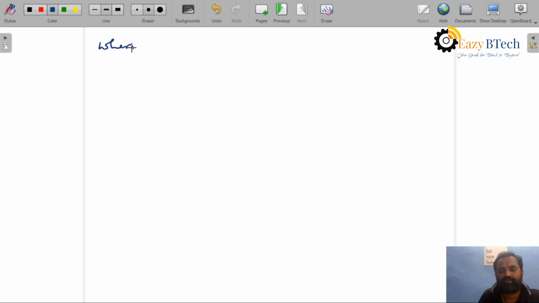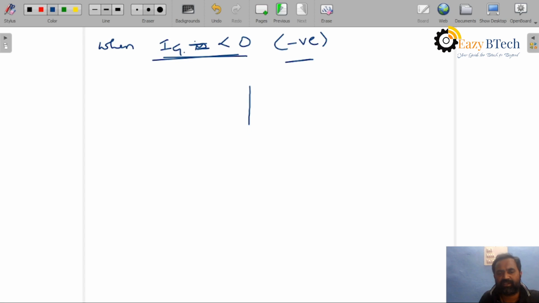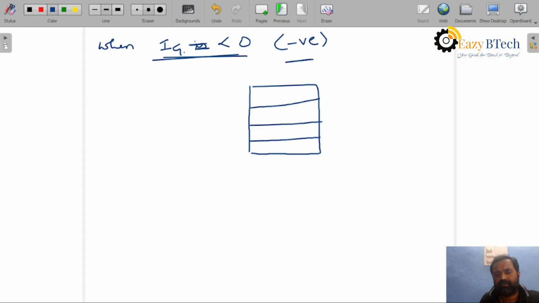When Ig is less than 0, which means a negative gate current. Now you can see here, this is an SCR, P1, N1, P2, N2.